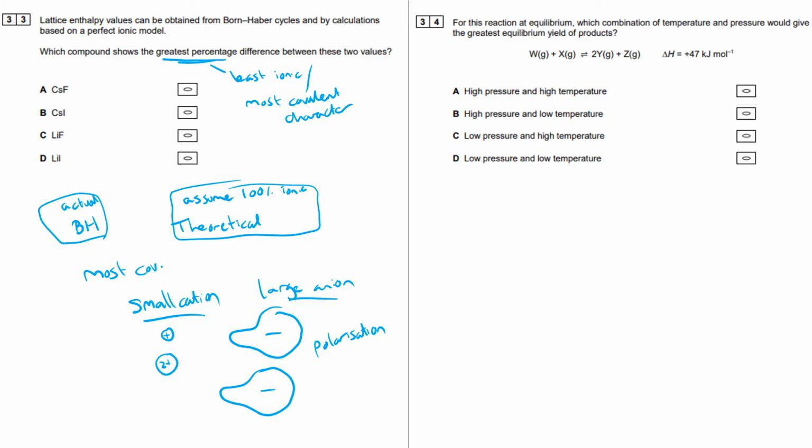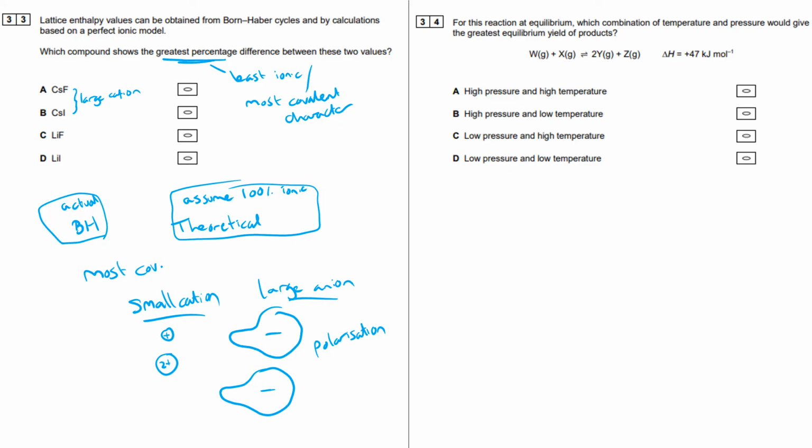So out of these compounds here, which one has the greatest difference? Well, cesium is quite a large cation. Cs is quite far down in group 1. It's a large cation, it doesn't have much polarization. So they're going to have similar values between the Born-Haber cycle and the theoretical value.